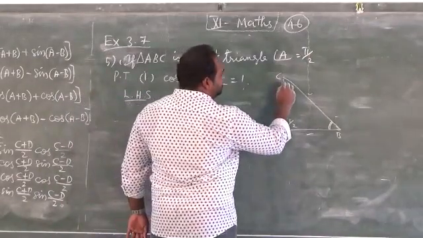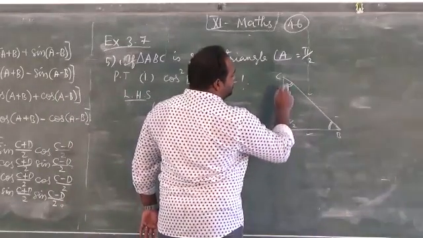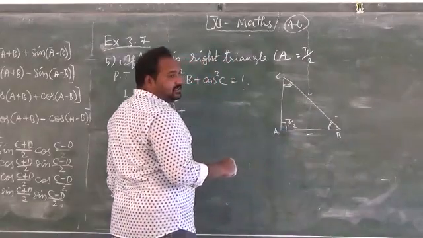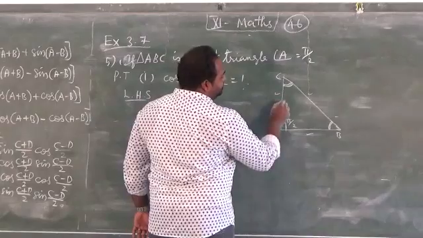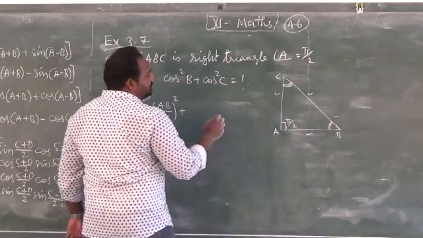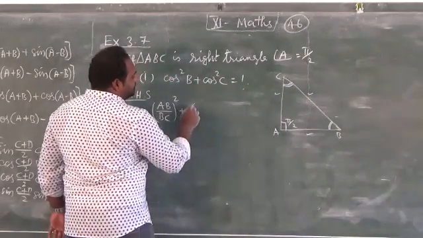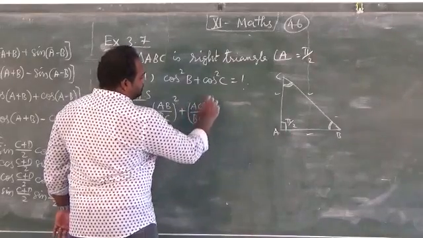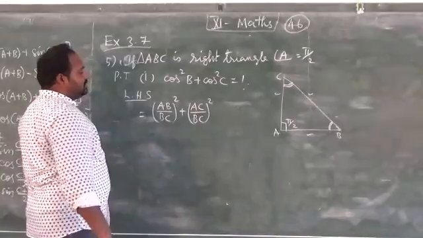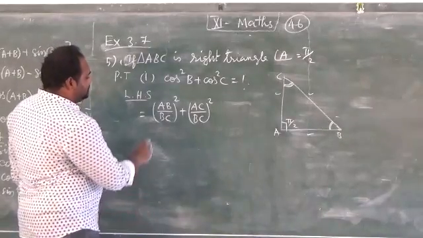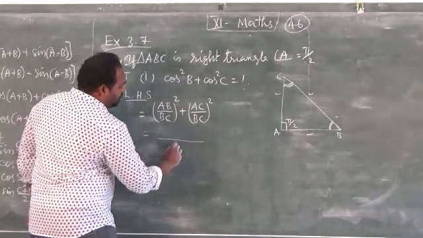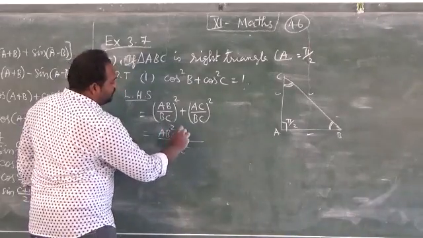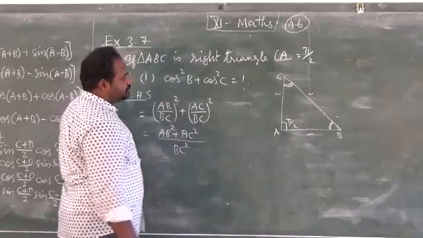When you take angle C, what is the cos function? This is adjacent by hypotenuse, it is AC by BC whole square. Next, common denominator is BC square, AB square plus AC square.